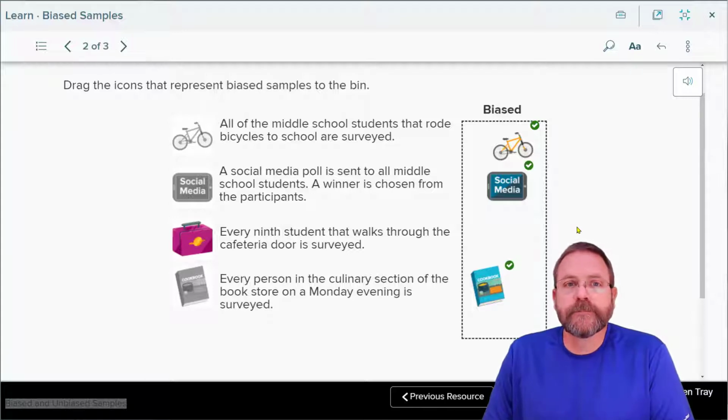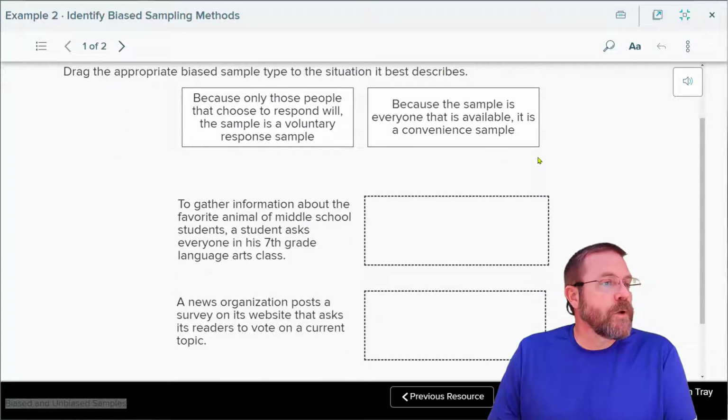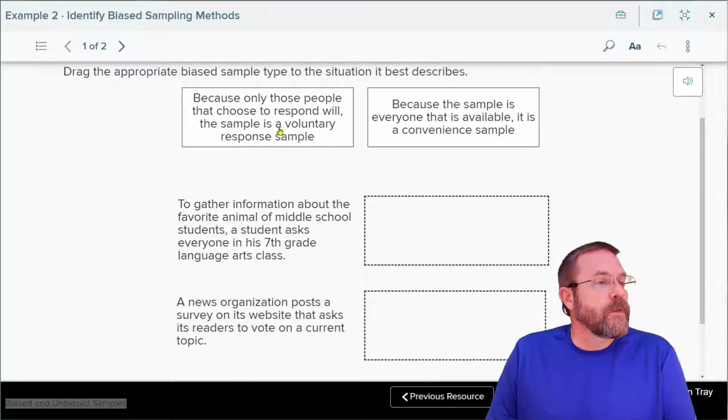Easy math. Example number 2 says they want us to identify the type of biased sample in each situation. Drag the appropriate biased sample type to the situation that best describes it. The first one says, because only those people that choose to respond will, the sample is a voluntary response sample, or because the sample is everyone that is available, and therefore it is a convenience sample.